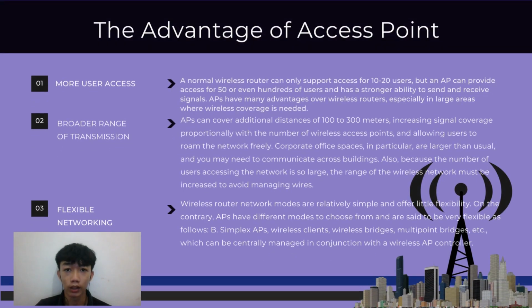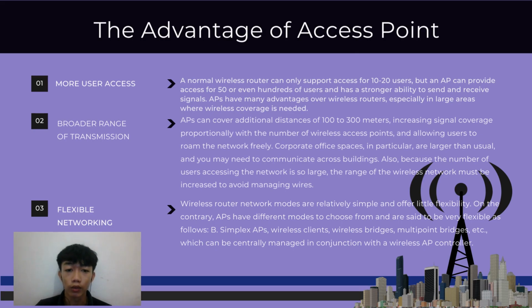Okay, now we're going to talk about the advantages of access point. The first advantage is more user access. A normal wireless router can only support access for 10 to 20 users, but an AP can provide access for 50 or even 100 users and has a strong ability to send and receive signals.